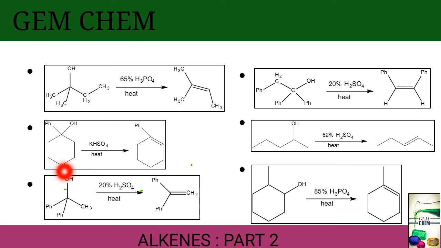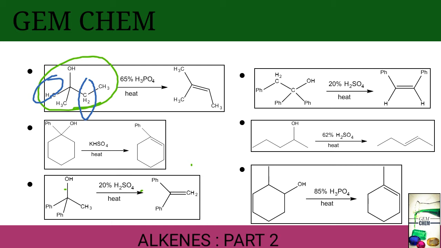Now here a question comes for this case. Look here, the hydrogen can be eliminated from this portion, also this portion, but we always take the more substituted one. The reason for this is that it has more hyperconjugative structures.